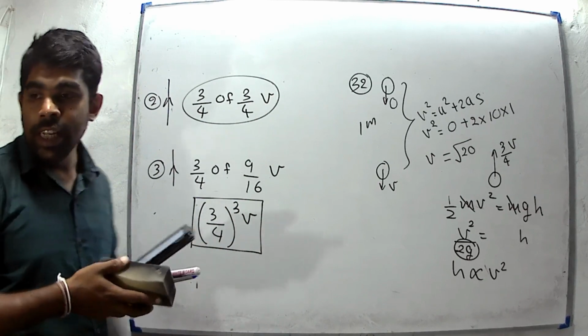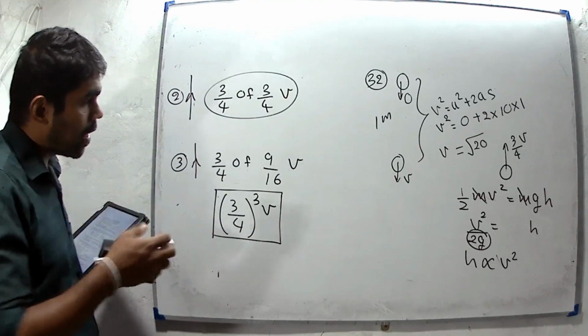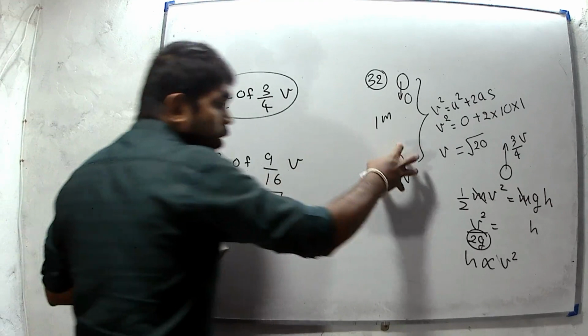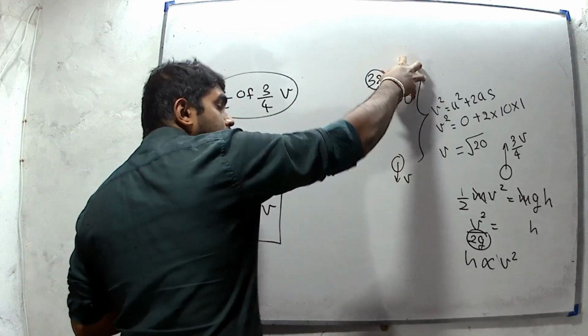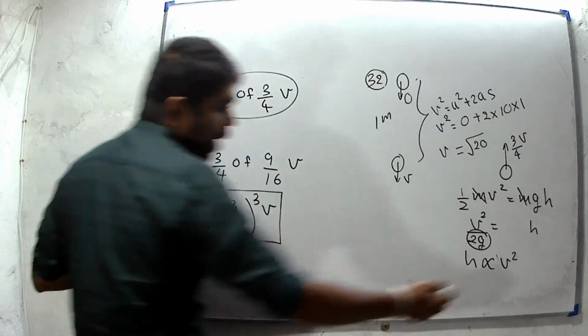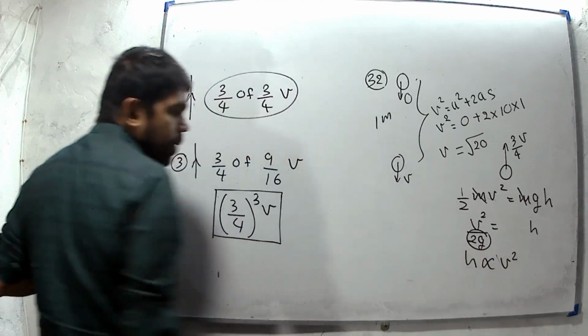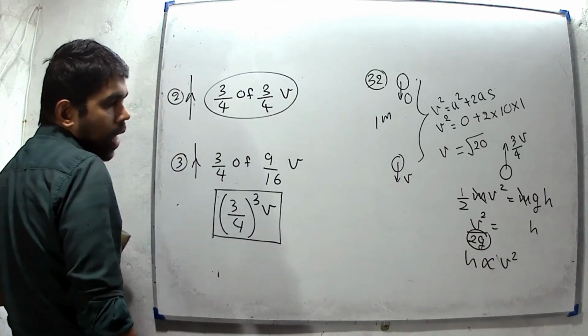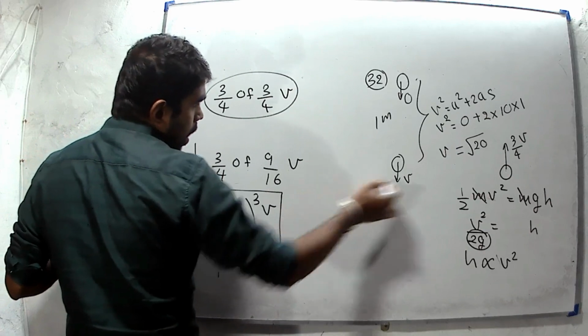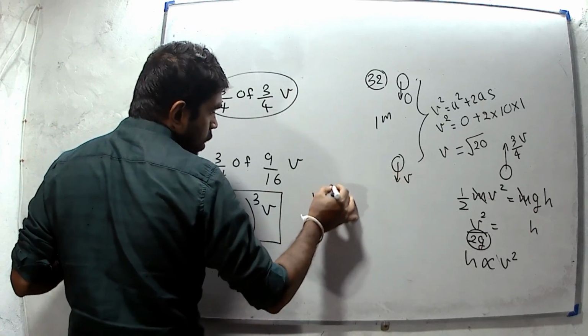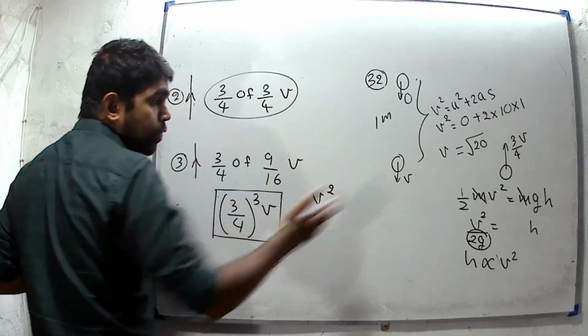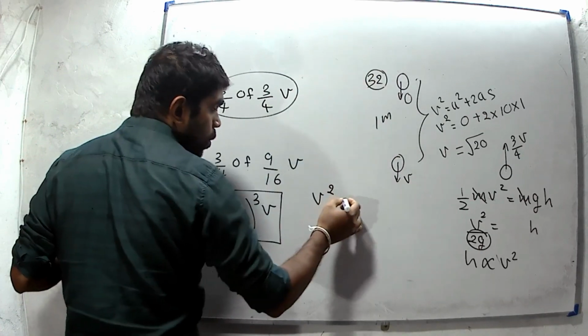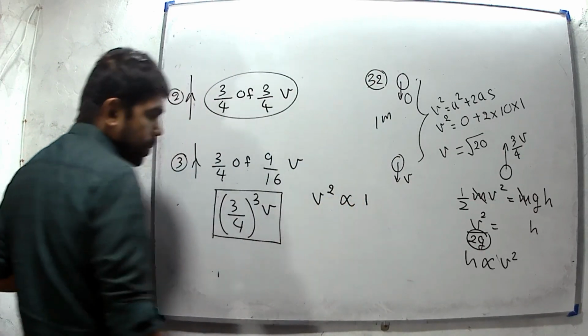Now I will consider that if the object rebounds with velocity v, it reaches 1 meter height. And we know that the square of velocity is directly proportional to height. So if the rebounding velocity is v, it rebounds to 1 meter height.